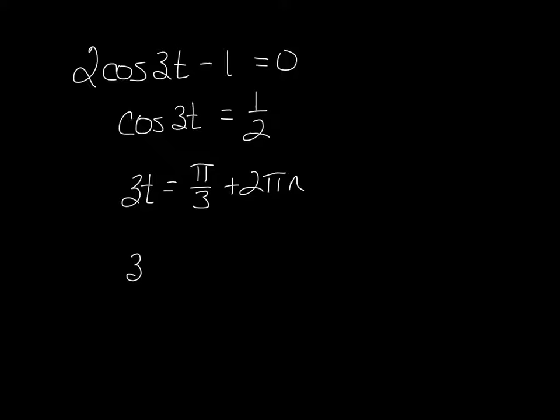And 3t equals, where else is it equal to positive 1/2? 5 pi over 3 plus 2 pi n. Now, I don't want 3t, I want t. So we're going to multiply both sides of this equation by 1/3.